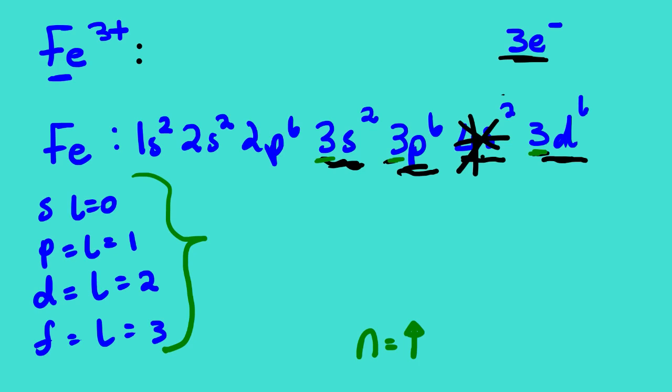We are going to remove from the orbital that has the highest L, angular momentum. So in this case, you can see that S is the lowest angular momentum. P, well, it's not the highest. And then we have D. We don't have F, so it means the highest is this. Then it simply means that we are going to remove from here.